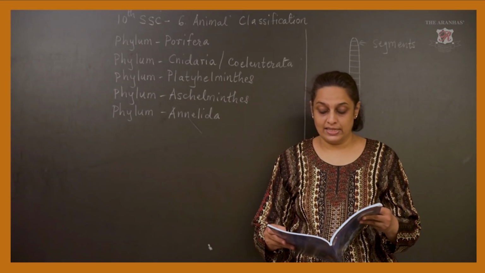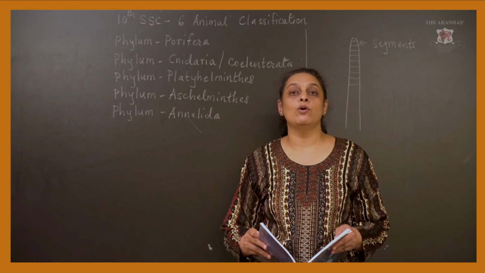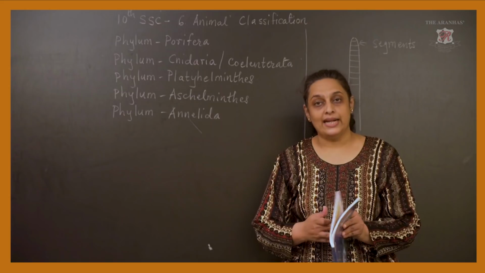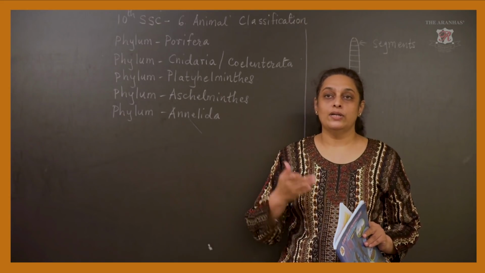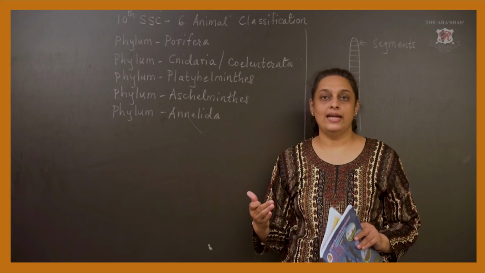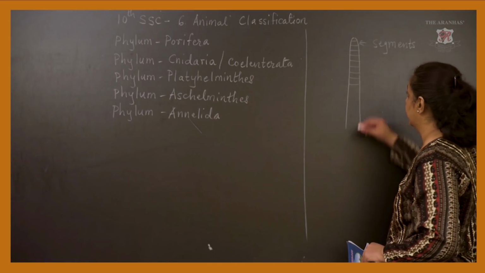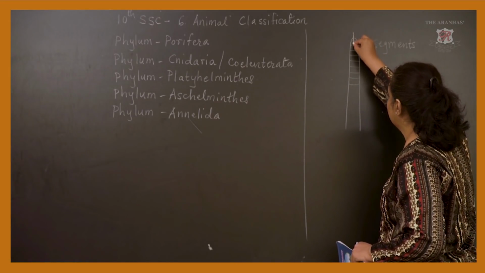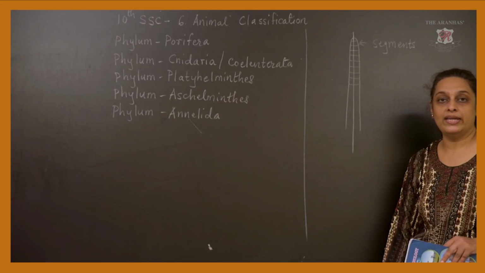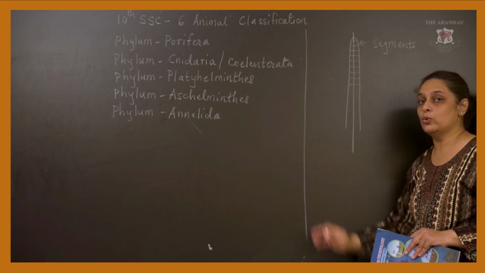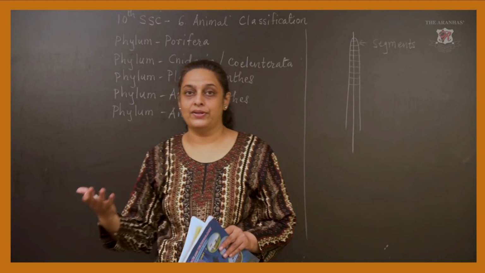Okay. So, this is a typical feature. Then these animals are triploblastic in origin, that is their body originates from ectoderm, mesoderm and endoderm, and they show bilateral symmetry. That means in this vertical plane, the animal body can be cut into two identical parts. So, bilateral symmetry.